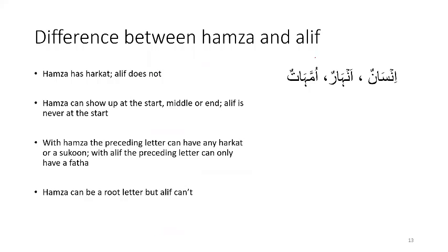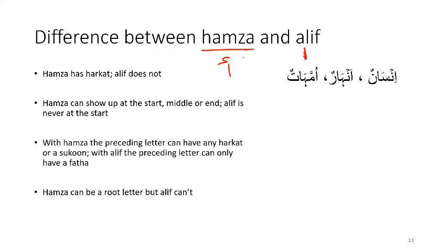So before we get into the distinction between Sahih and Ghair Sahih, we need to recognize that there is a difference between Hamza and Alif. And this is a very important distinction because we need to understand it before we get into our conversation.